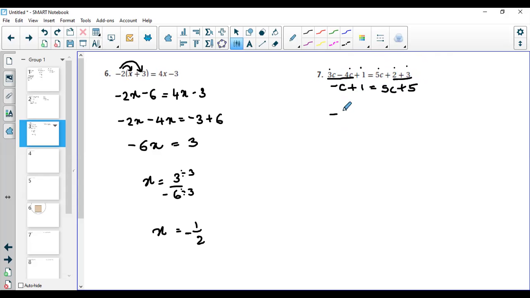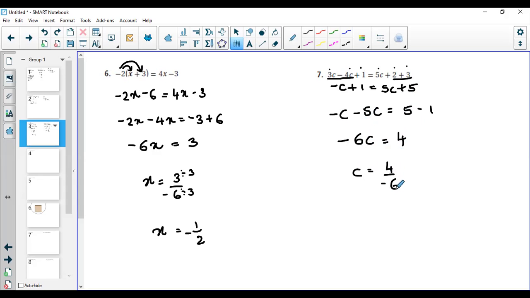So this is going to be negative c, negative 5c equals 5 minus 1. So minus 1 minus 5 will give me a minus 6, because it's 1 here. And then 5 minus 1 will give me a 4. So again, we need to get rid of the 6, which is with c. So that's going to be 4 divided by negative 6.